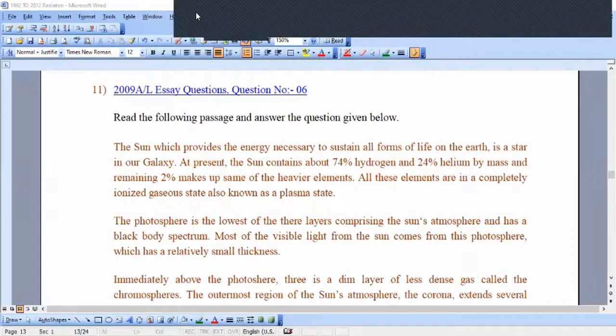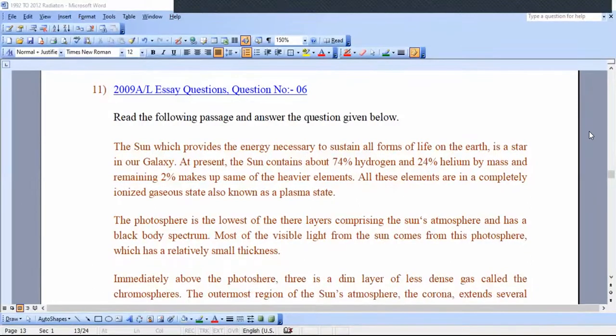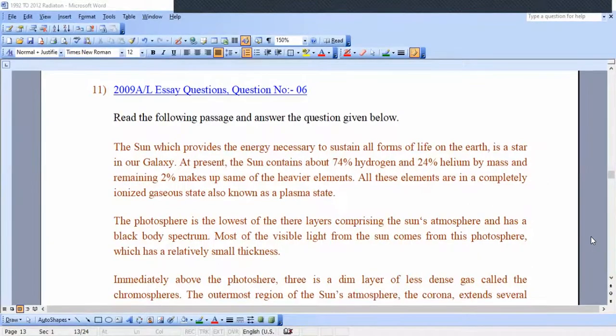The sun, which provides the energy necessary to sustain all forms of life on the earth, is a star in our galaxy. At present, the sun contains about 74% of hydrogen and 24% of helium by mass, and the remaining 2% makes up some of the heavier elements.